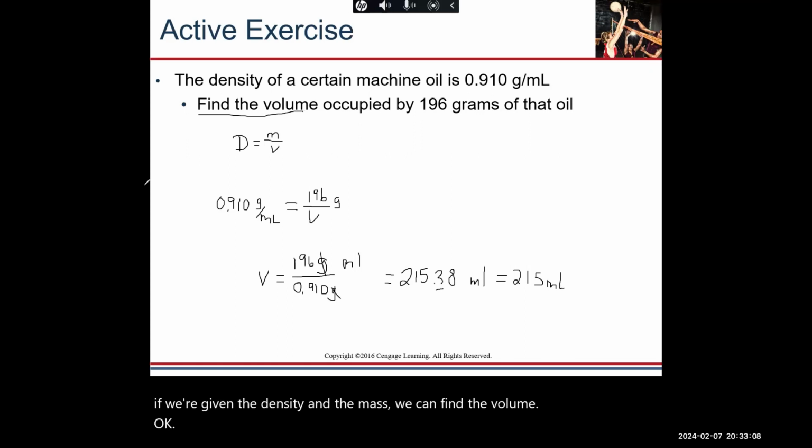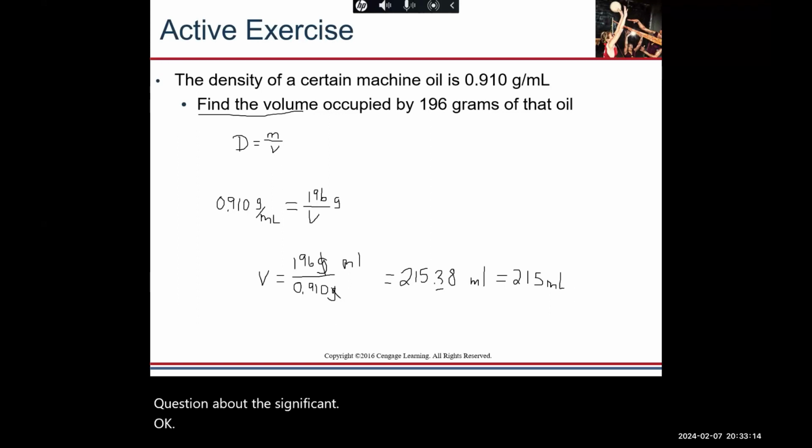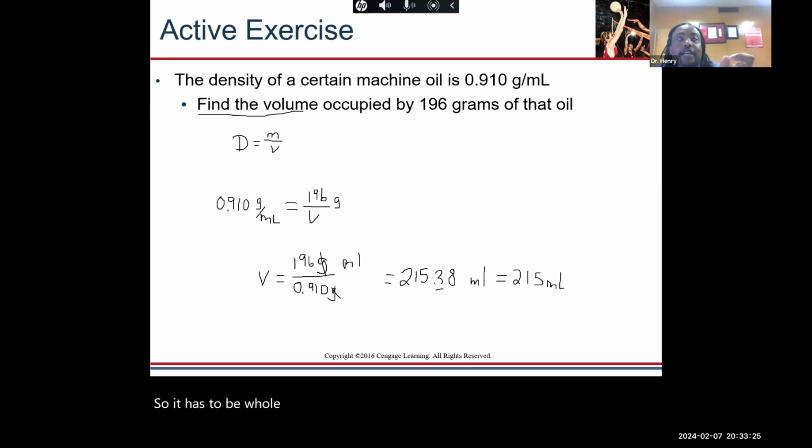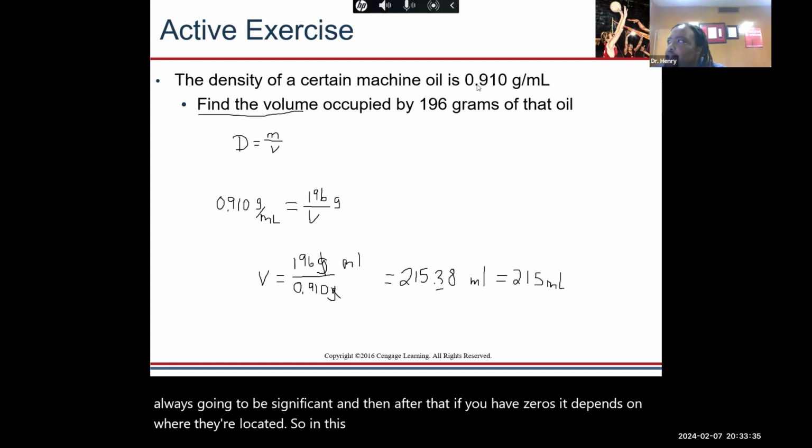I have a question about the significant figures. Yes. Whenever it's like 0 point whatever the number is, are the numbers after the decimal the significant figures? So first off, non-zero numbers are always going to be significant. And then after that, if you have zeros, it depends on where they're located. In this case, they're located after the decimal.